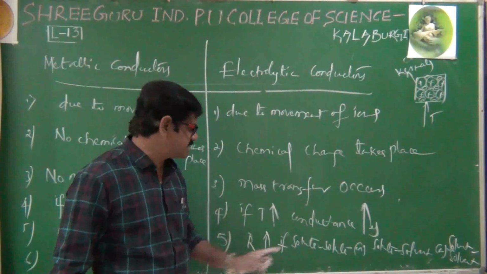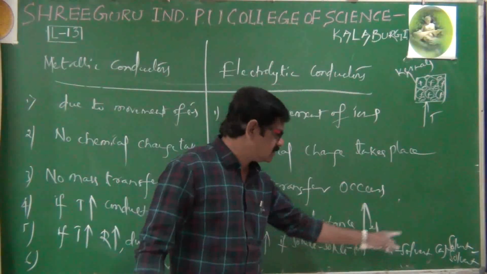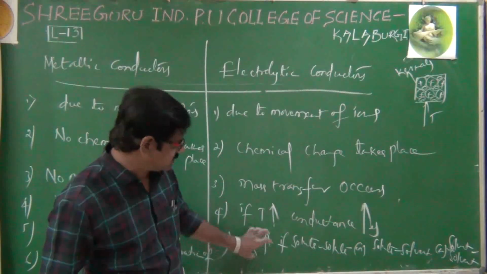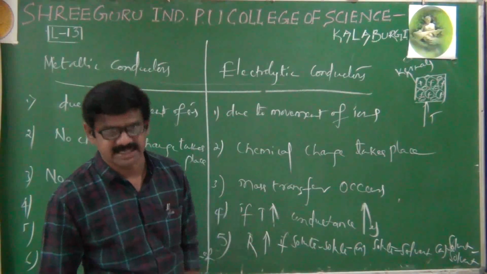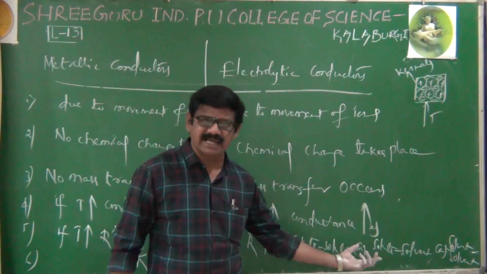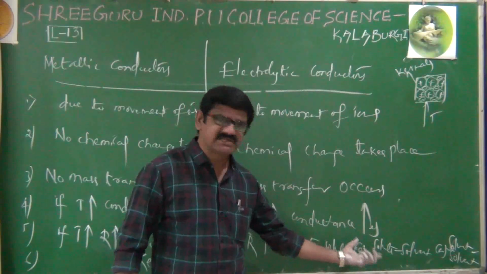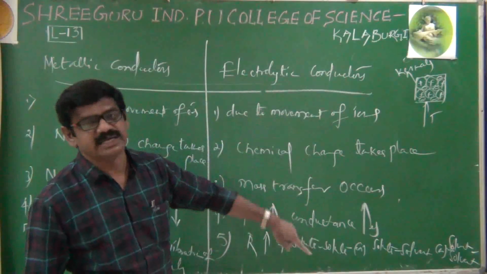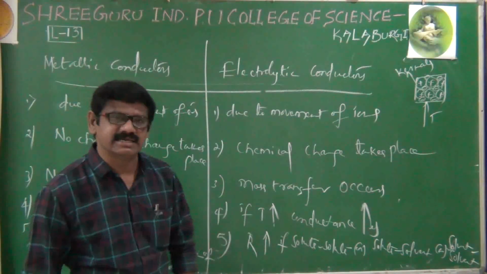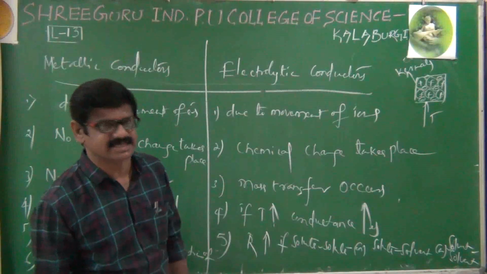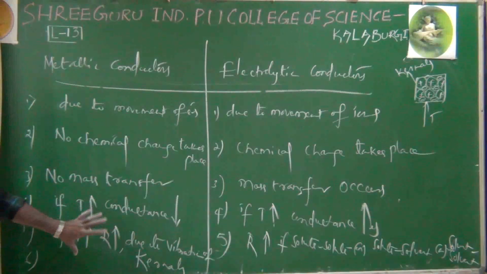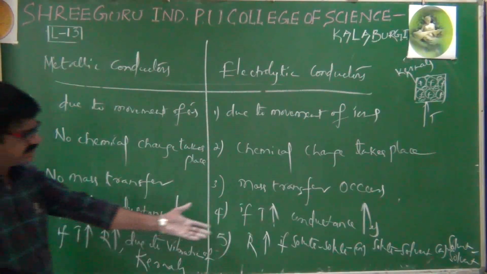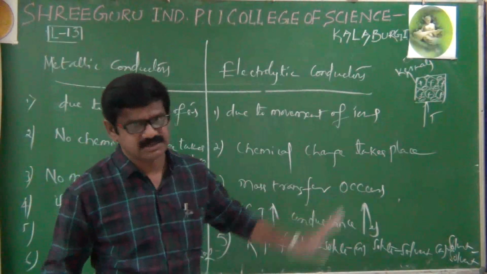Here, when solute-solute, solute-solvent or solvent interactions increase, resistance also increases. The medium also influences: if viscosity of the medium is more, resistance increases or conductance decreases. Next, for metals there is no application of Faraday's laws. Here we can apply Faraday's laws.